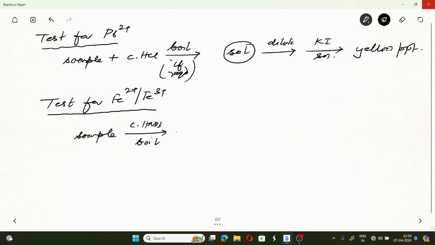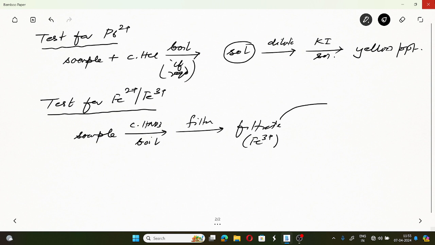And then you can filter it, with filtration performed after cooling. Now this filtrate contains Fe3+ ion. What should be done with the filtrate? You can perform two tests.